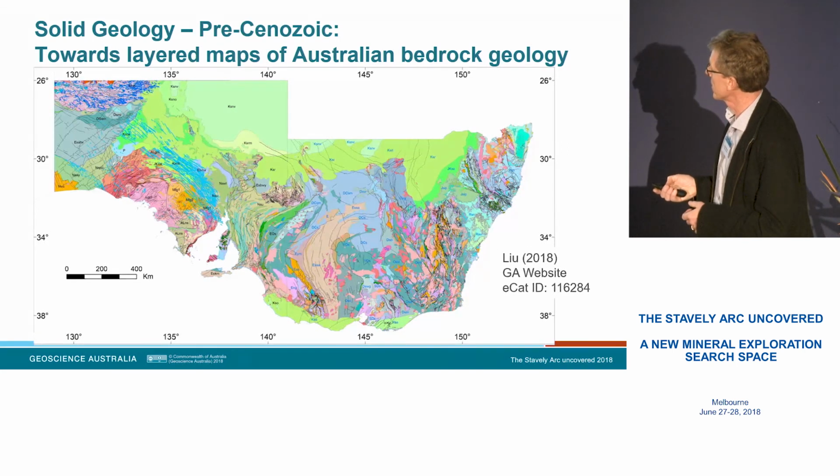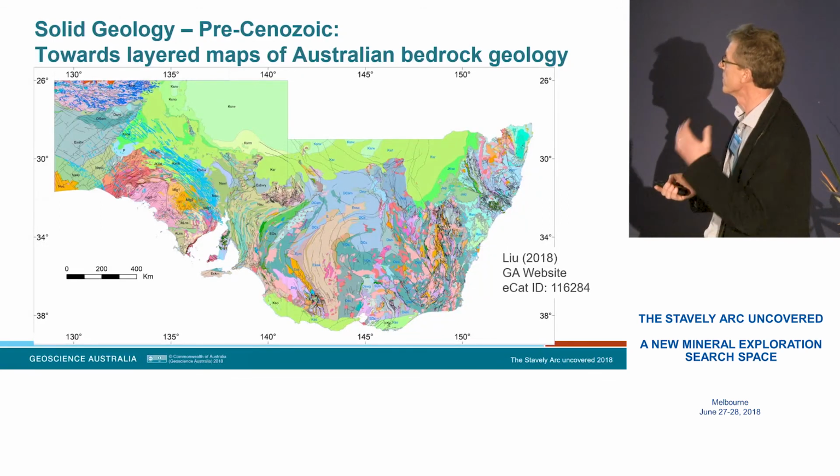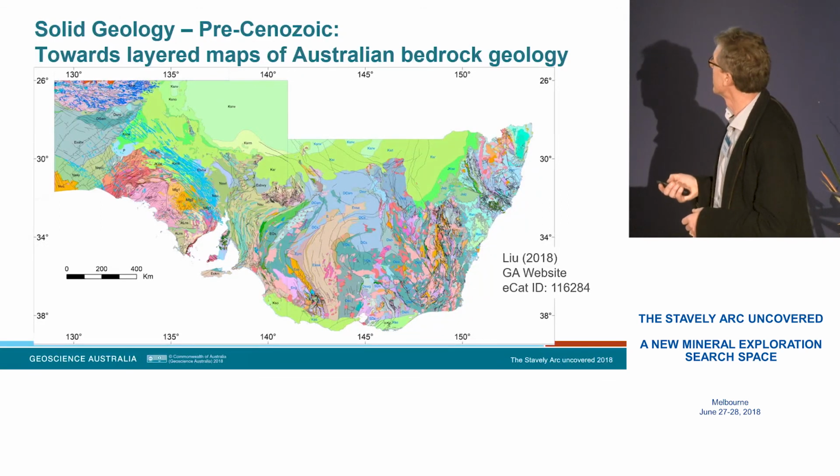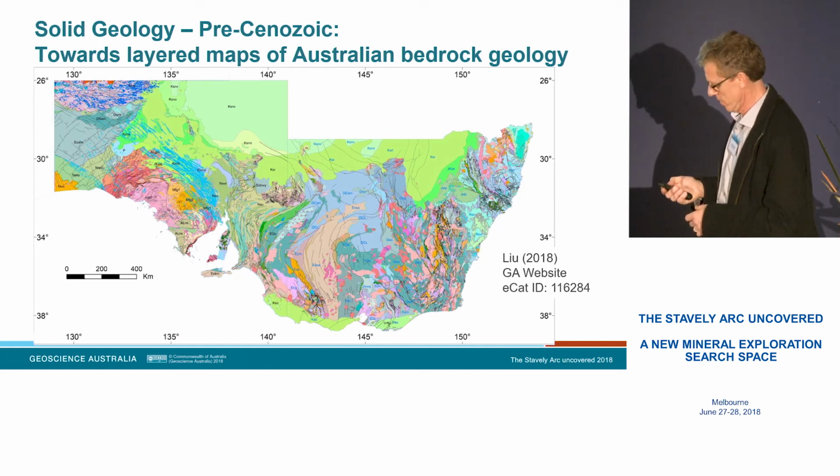And this map here is now having the Cenozoic stripped off it, so it's the pre-Cenozoic geology of the region. This is done by Songfa Lu. It's quite recently released, and it's also on the GA website. So now you can track your prospective geology up underneath your Murray Basin cover sequences.